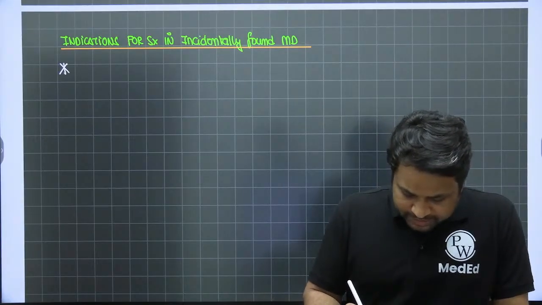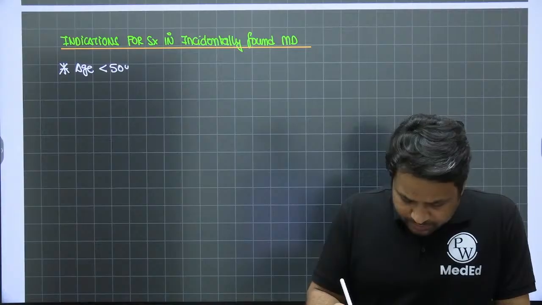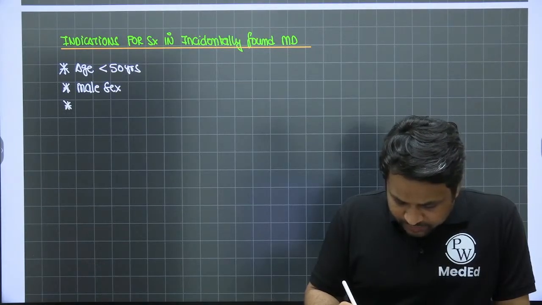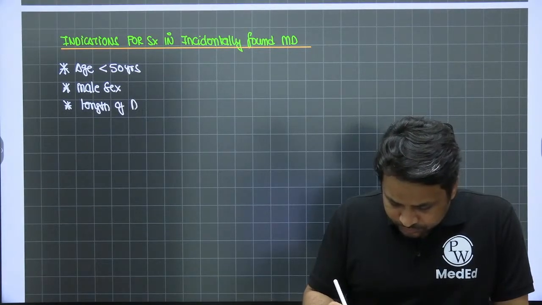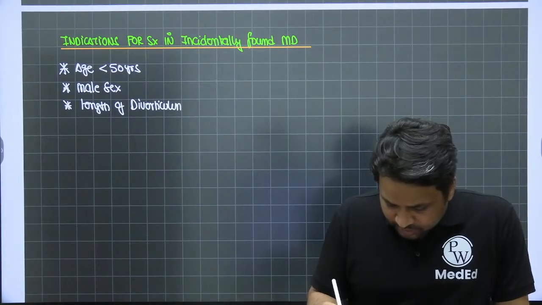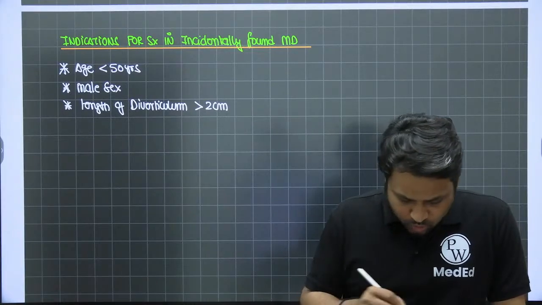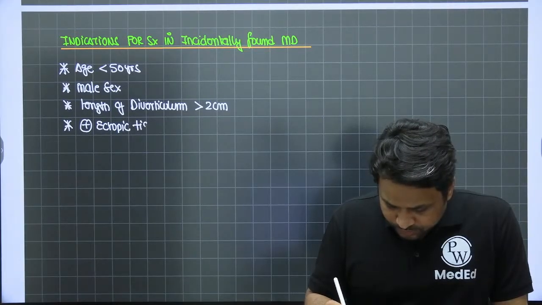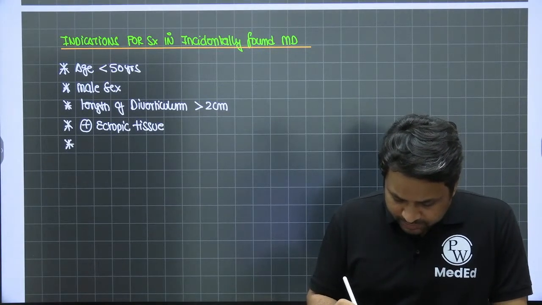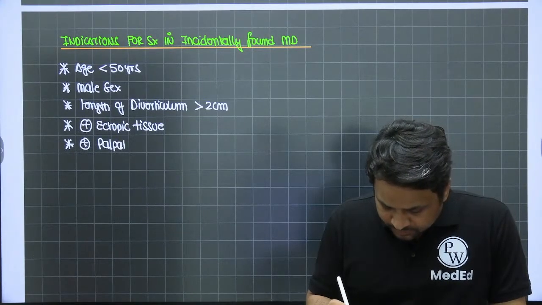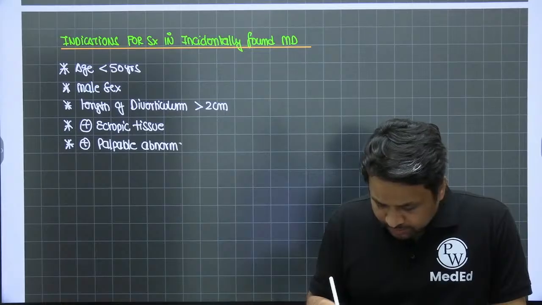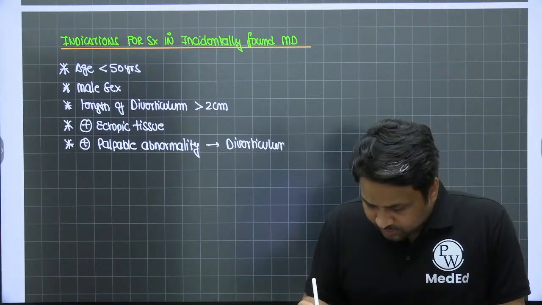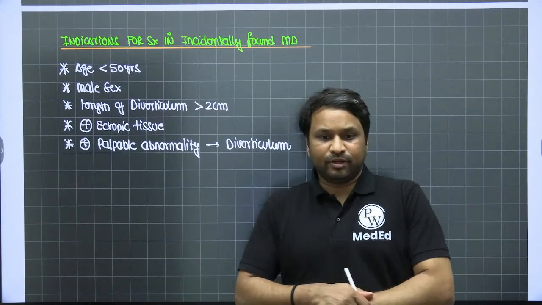Incidentally found, if the age is less than 50 years, if the patient is male, if the length of the diverticulum is more than 2 centimeters, if there is presence of any ectopic tissue, and if there is any palpable abnormality in the diverticulum.